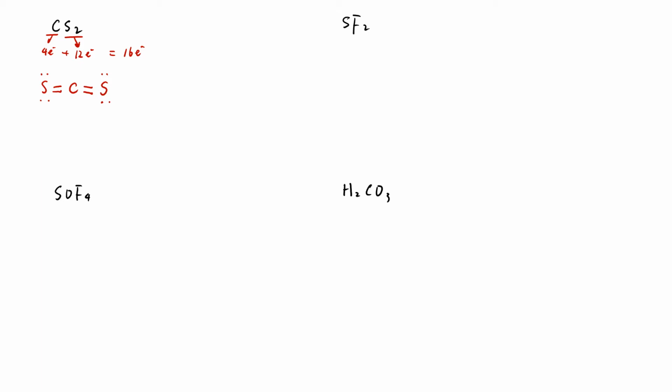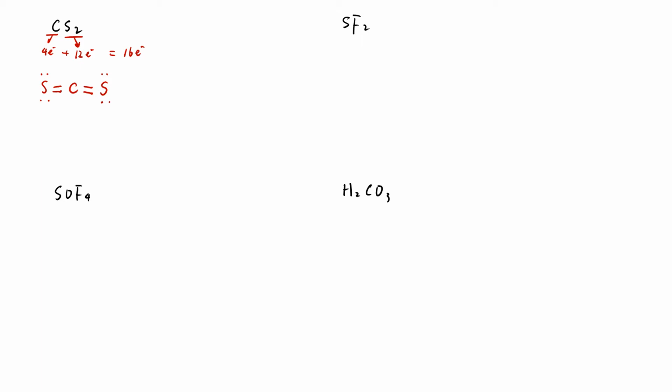Carbon has 4 electrons, so it forms a bond with each sulfur, 2 double bonds in total. And because each sulfur shared 2 electrons with the carbon to form the double bond, it has 4 electrons left. So those 4 electrons become 2 lone pairs for each sulfur.